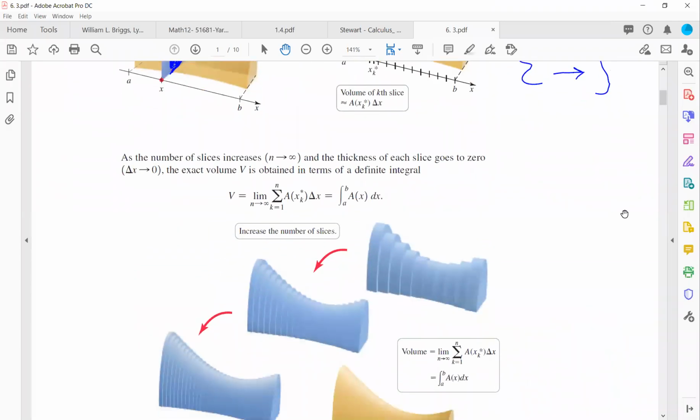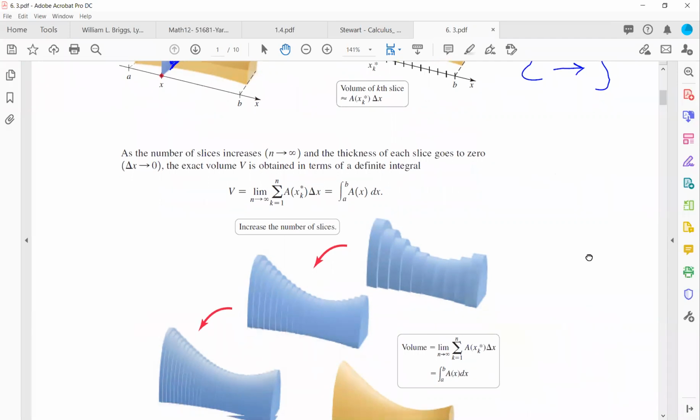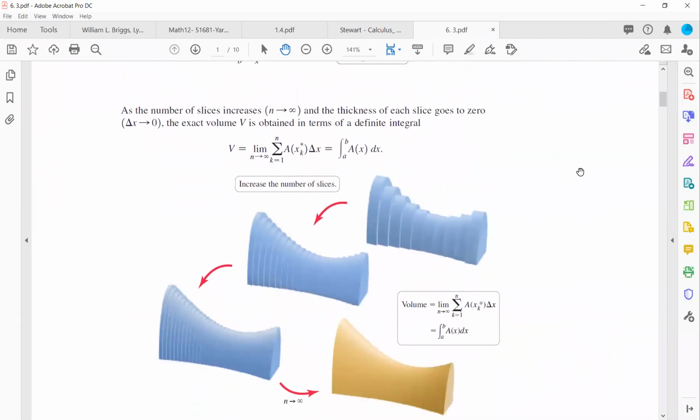So by taking the limit while n goes to infinity, we can define the integral of these areas A of x with respect to x, while x ranges between a to b. That's how we define the volume of any object.